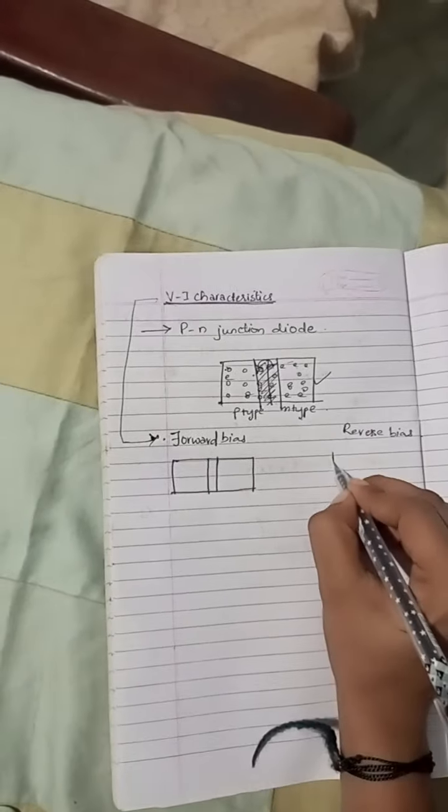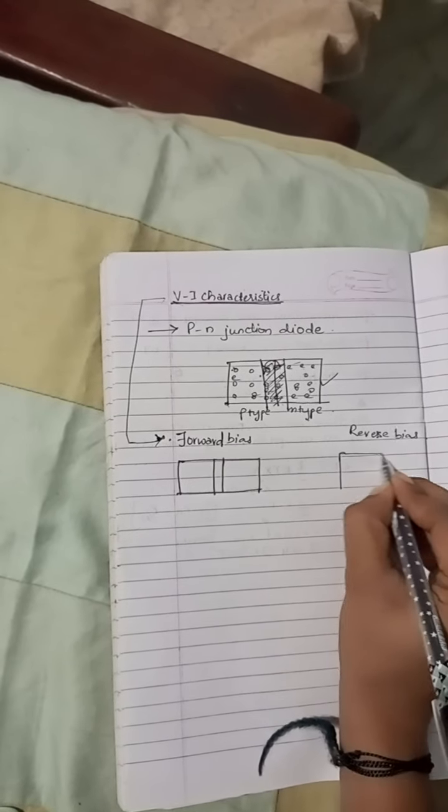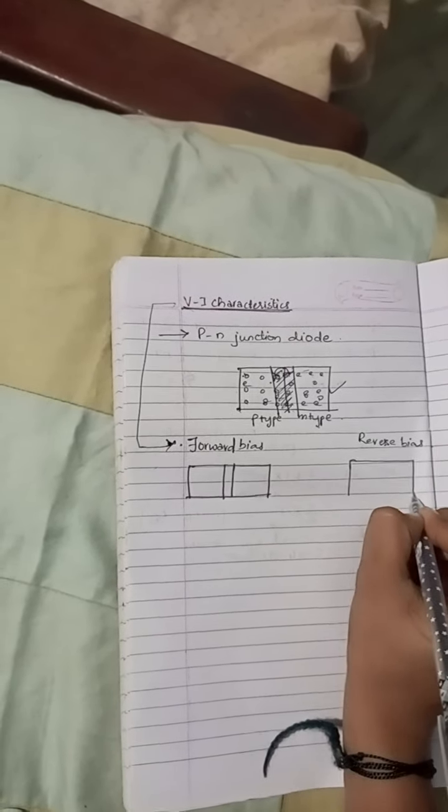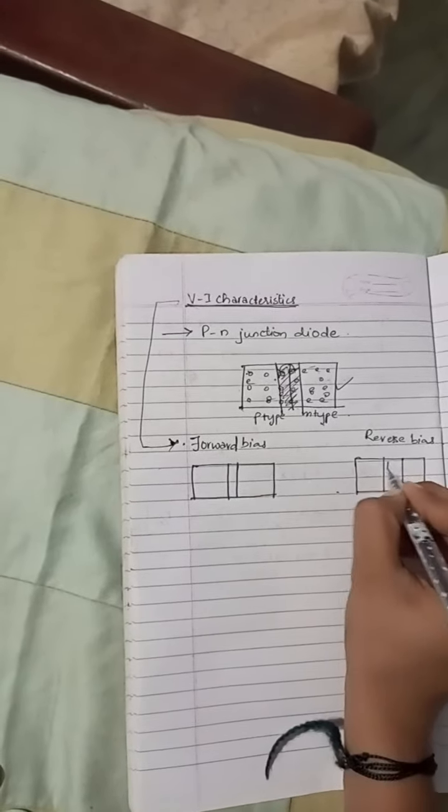In reverse bias, the depletion region is thick when compared to forward bias. So this is the depletion region in forward bias.